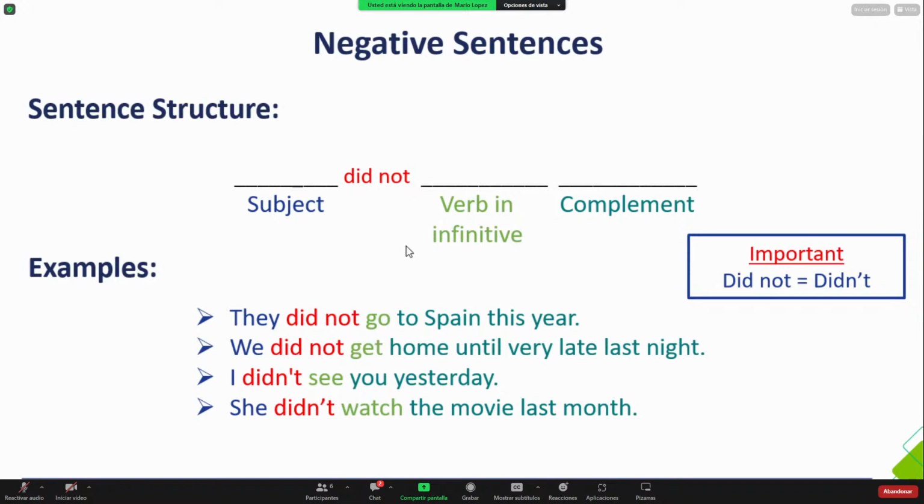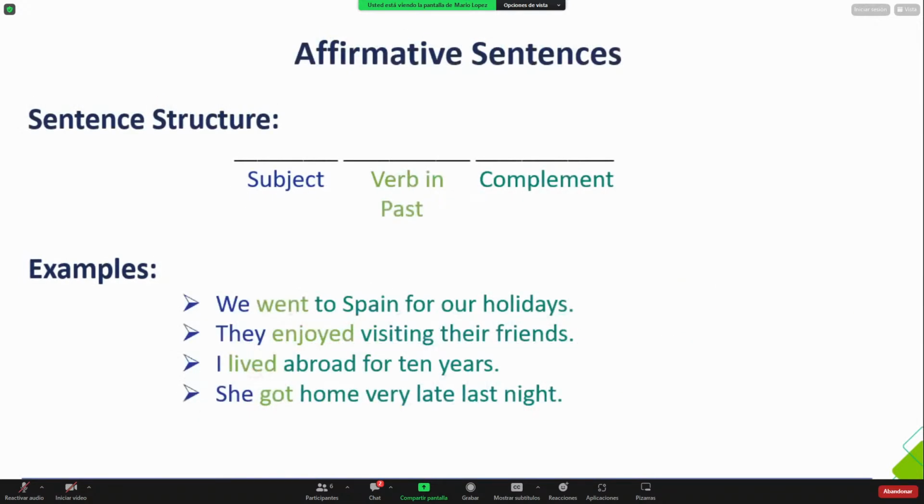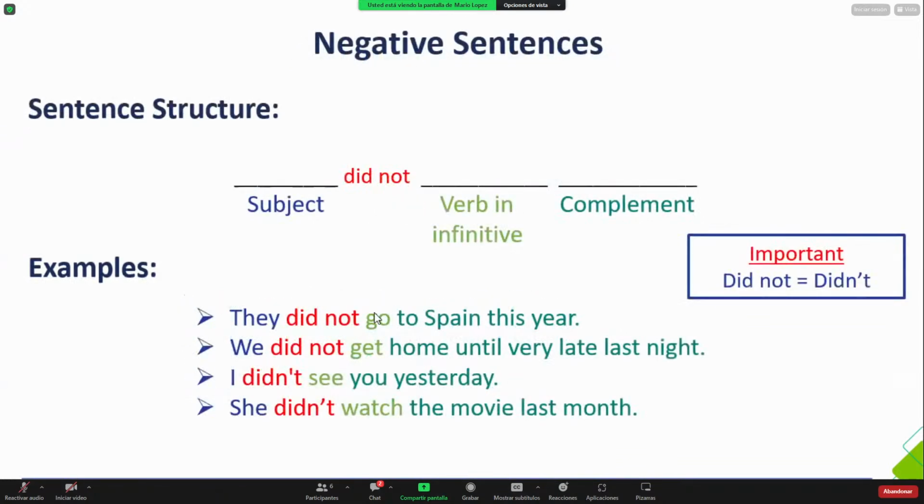In the affirmative sentence, we use went and we use got, but in negative sentences, we use go and get. En las oraciones afirmativas usamos went y usamos got, que son las formas en pasado de estos verbos, pero en negativas usamos la forma infinitiva, que son go y get.